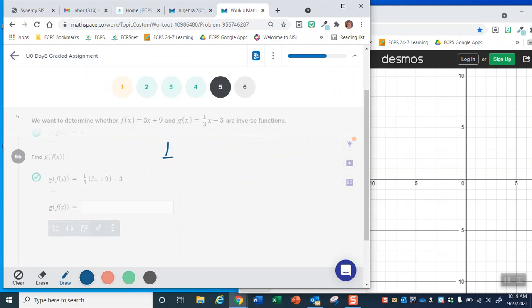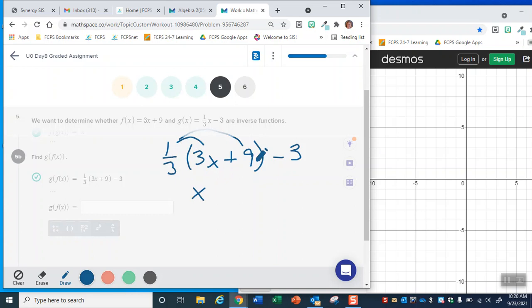So now I'm going to do 1/3 times 3x plus 9 minus 3. All right, so I distribute the 1/3. So 1/3 times 3, we did that, that's 1, right? The 3's cancel out, and so that's 1x, which is just x.